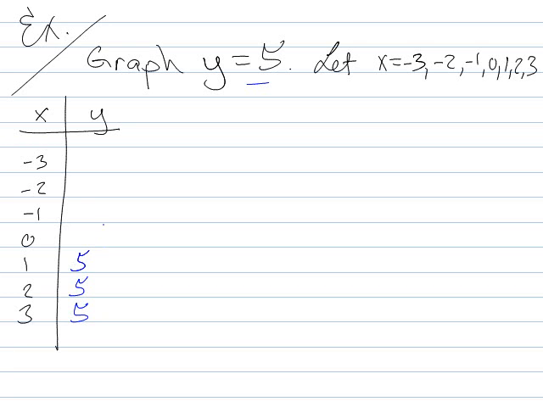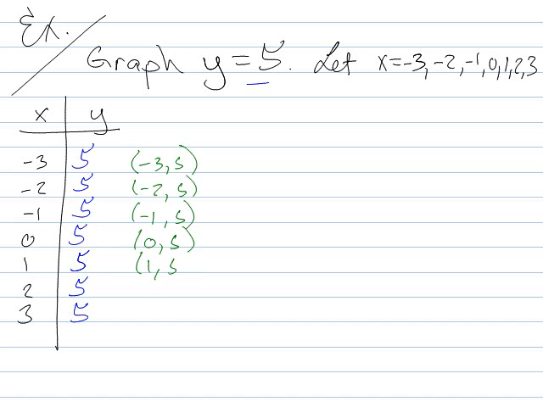If x is 0, y is 5. If x is negative 1... So no matter what x is, y is 5. So the points that we're going to graph, no matter what the x value is, the y value is always, and always, and always going to be 5.